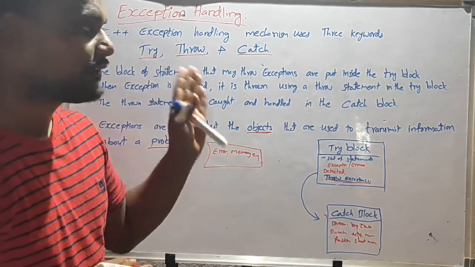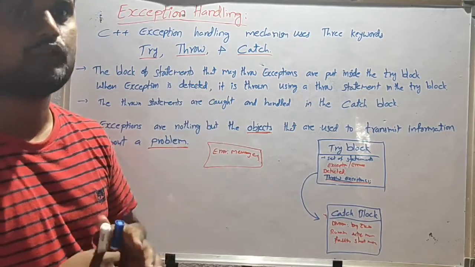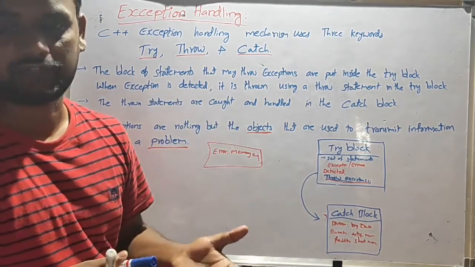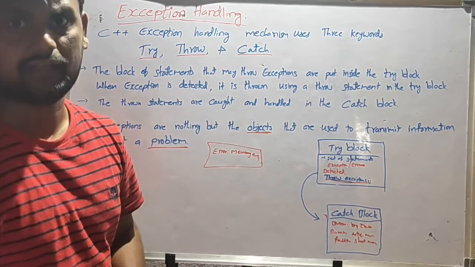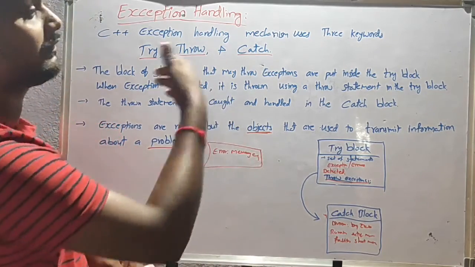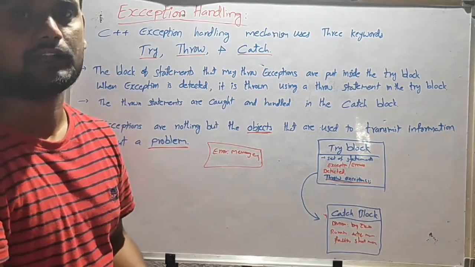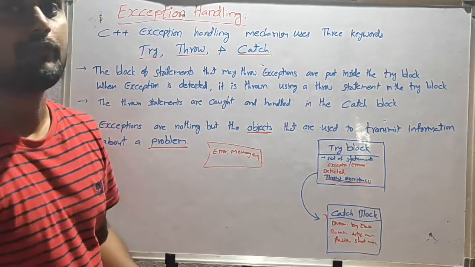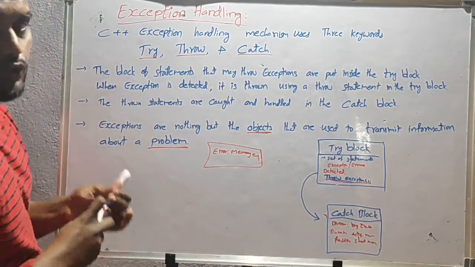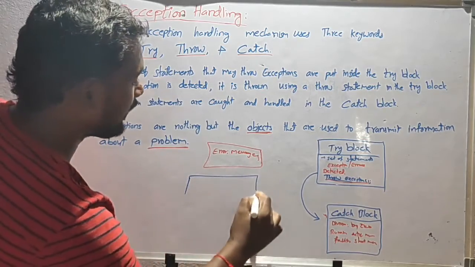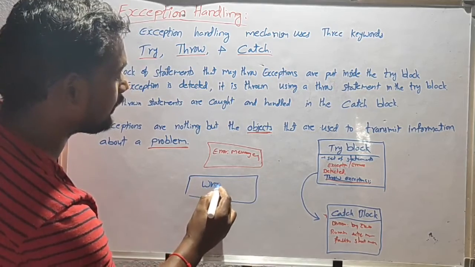Let us take a simple example. If you go to an ATM center, insert your debit card and enter your PIN, and you enter the wrong PIN, it shows you a message that you have entered a wrong PIN.